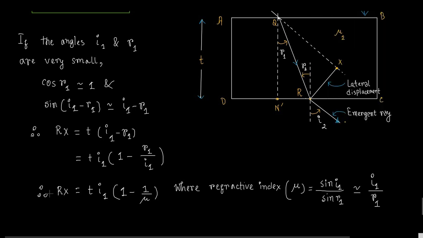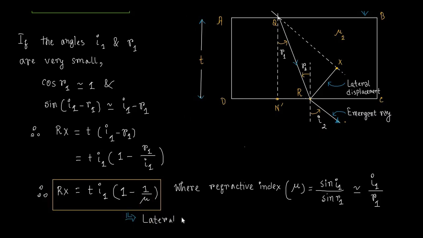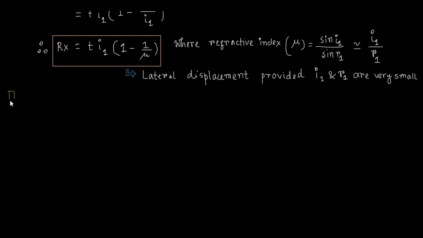So this is the expression of lateral displacement for a special case. Rx is equal to T I1 into 1 minus 1 by mu, which is the lateral displacement of ray of light due to refraction of light, provided the angles I1 and R1 are very small.